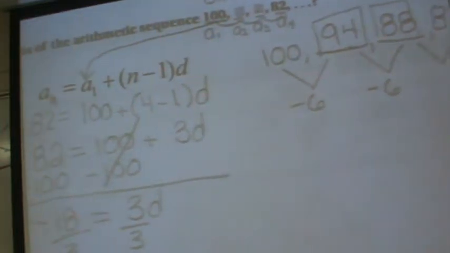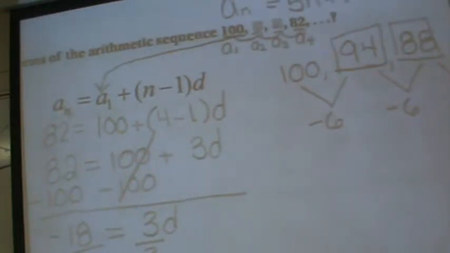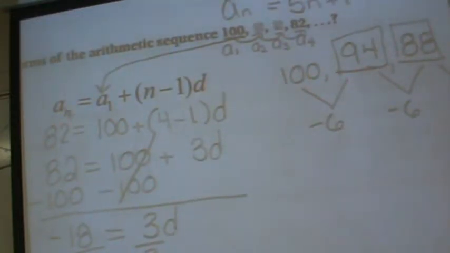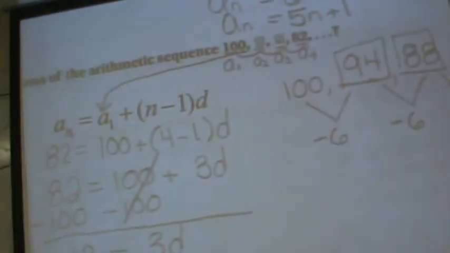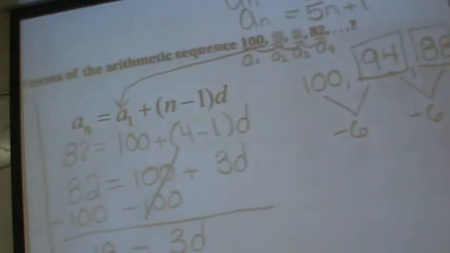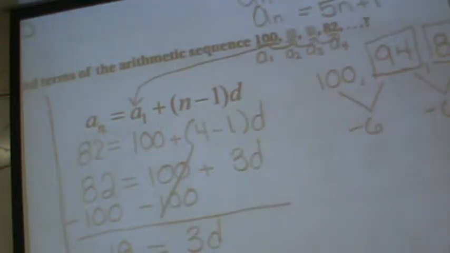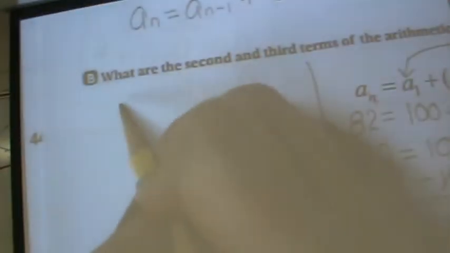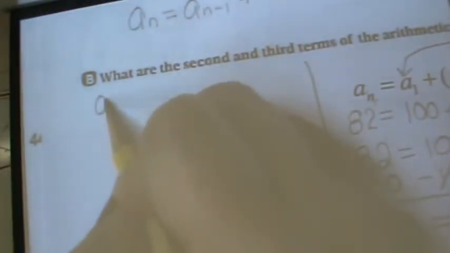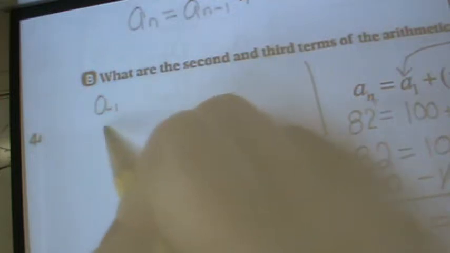I got an easier way for you to do this. You're going to like it better, I think. Are you ready for the easier way? Okay, does everybody understand that the first term was 100?